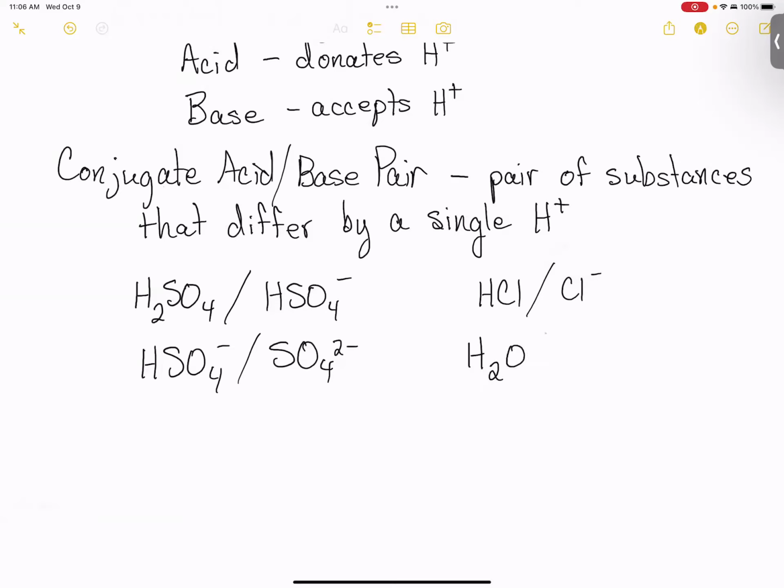Another one is water and hydronium. These are all examples of conjugate acid-base pairs. They are substances that differ by one hydrogen.